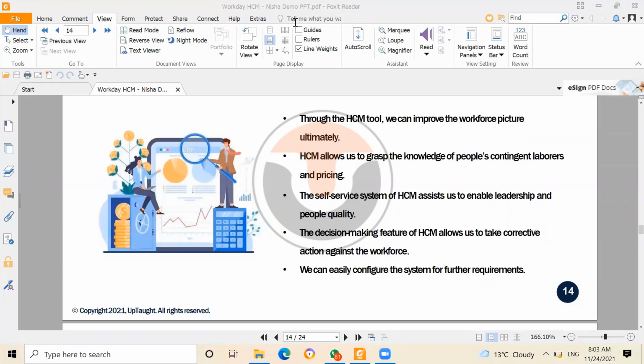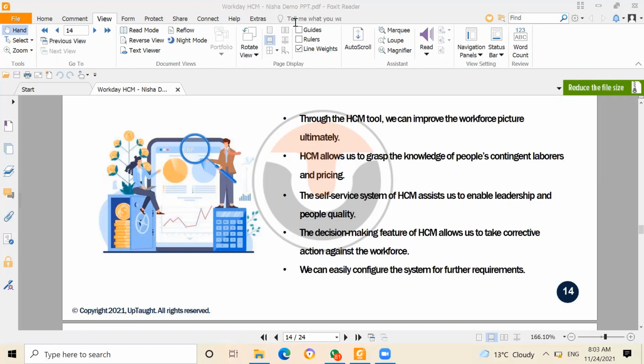So no submodule is there. Even data migration is actually not a module in any software, not just Workday. In no software would you have a specific module for data migration. Data migration we do via some tools, via some reports, via some add-ons.